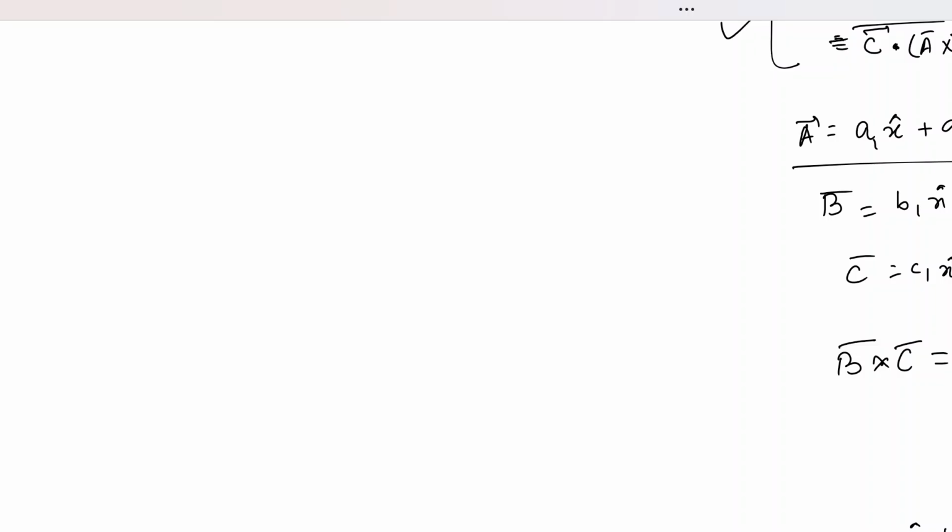For x cap the component will be B2 C3 minus B3 C2. I think you are already familiar with this from the lectures. Similarly for y cap you have a term, and for z cap you have a term, so you have this cross product.